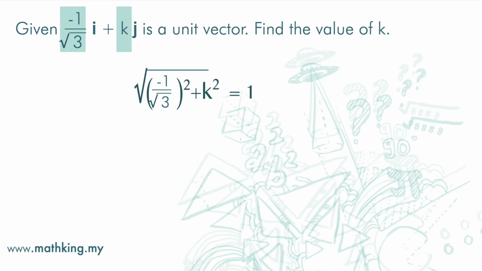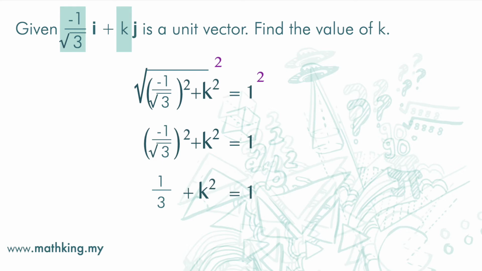To solve for k, we square both sides. And we get k equal to square root 2 over 3.